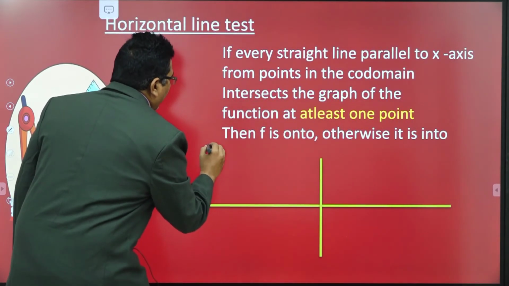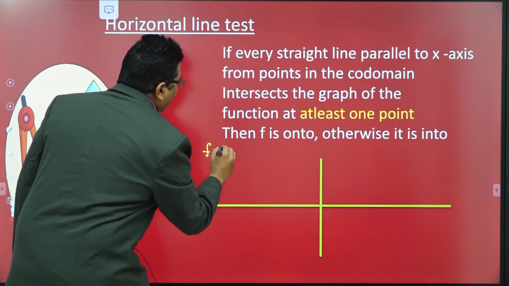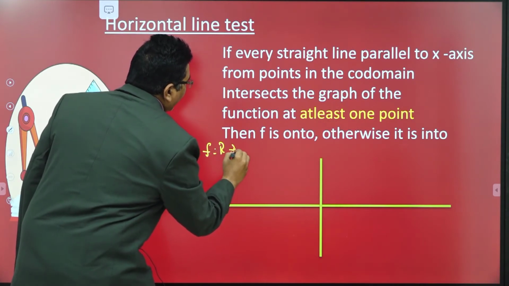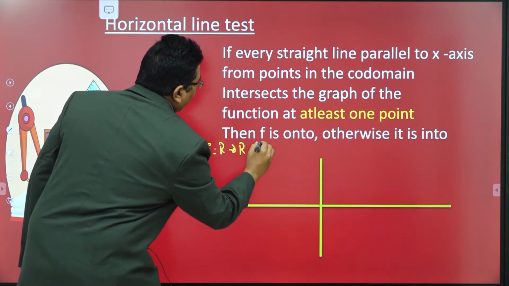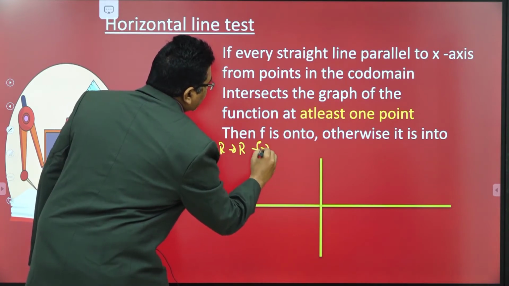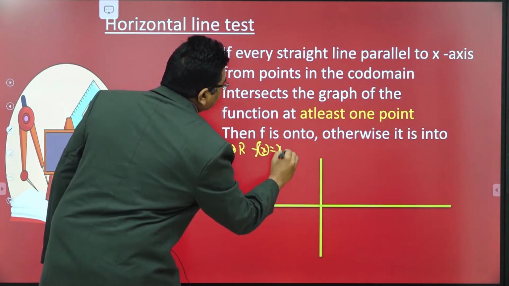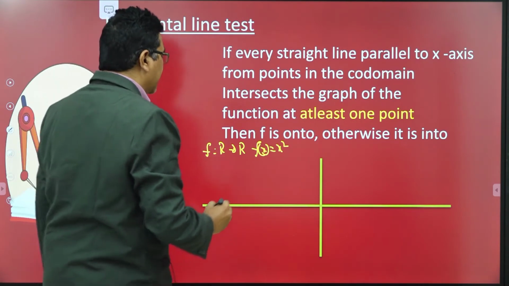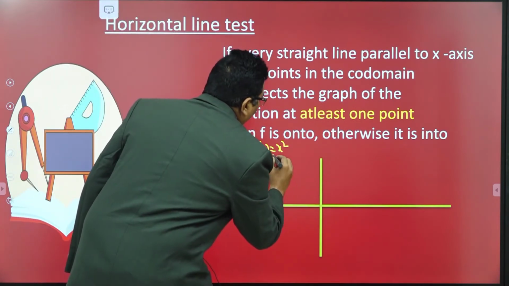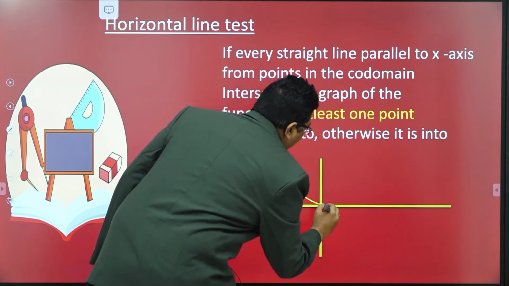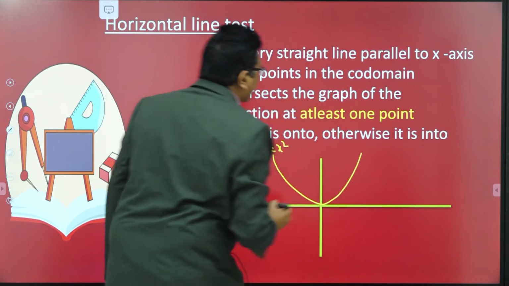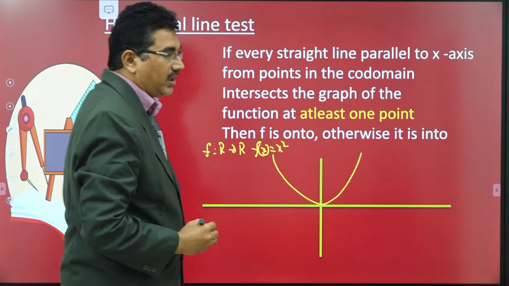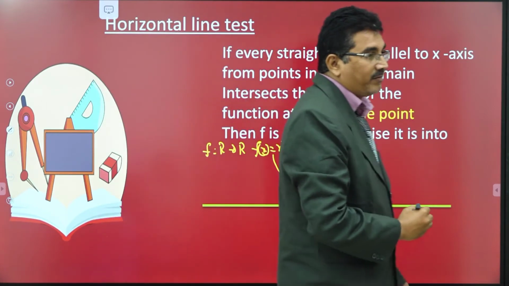Let f mapping from capital R to R be defined by f of x is equal to x square. The graph of this function is like this. This is the graph of y is equal to x square.